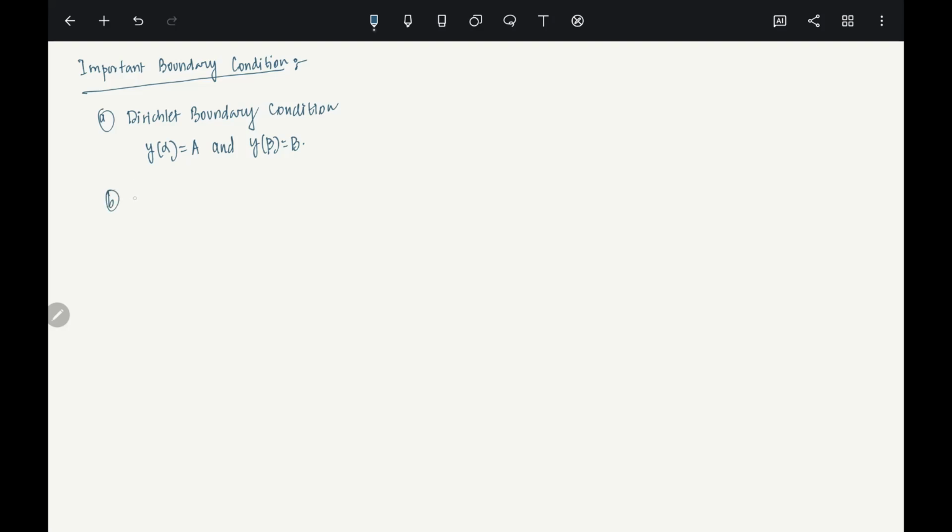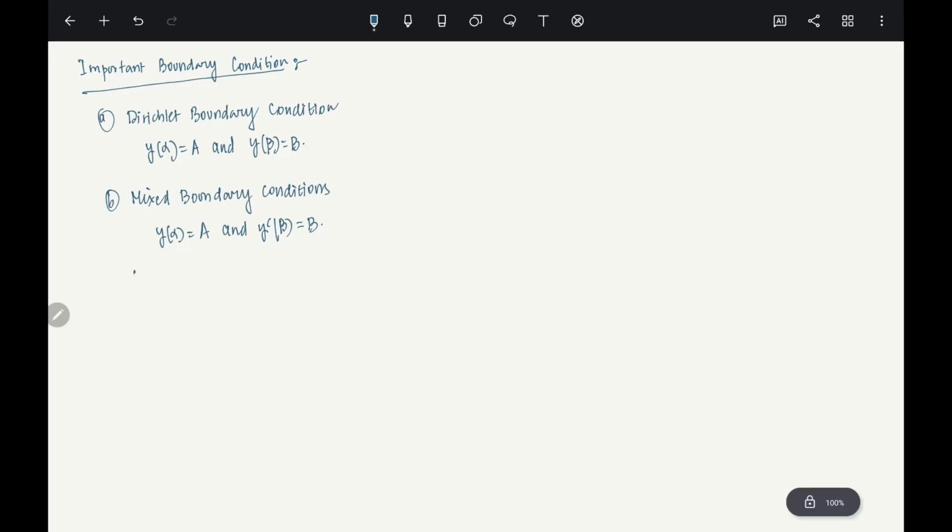Then you have mixed boundary conditions. So what are mixed boundary conditions? It is y at the point alpha is A and y prime at the point beta is B. Is this okay? So this is the second boundary condition, the mixed boundary condition.